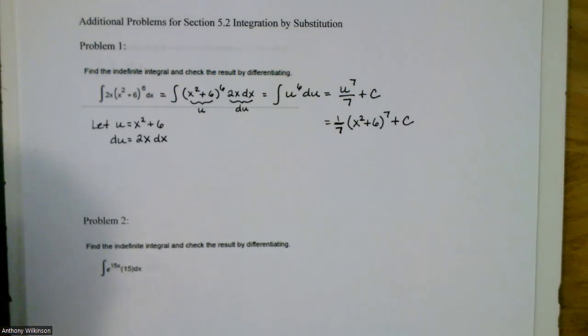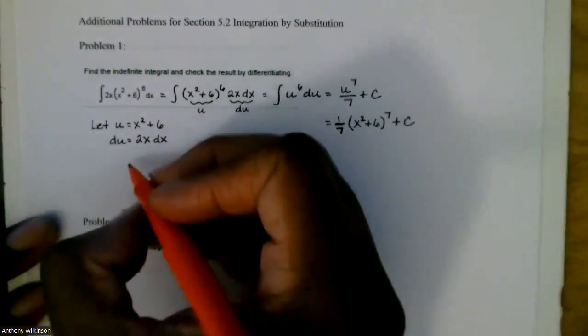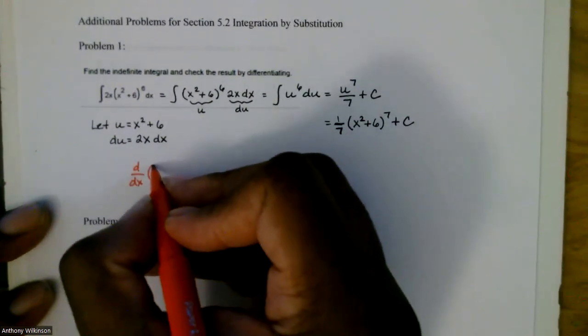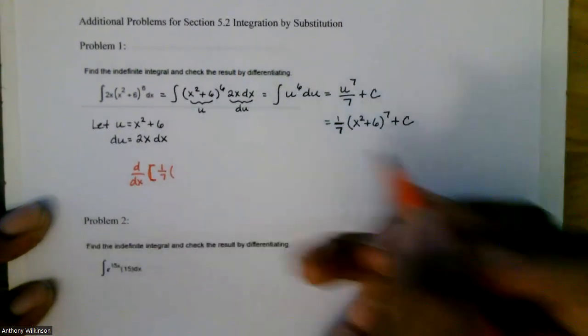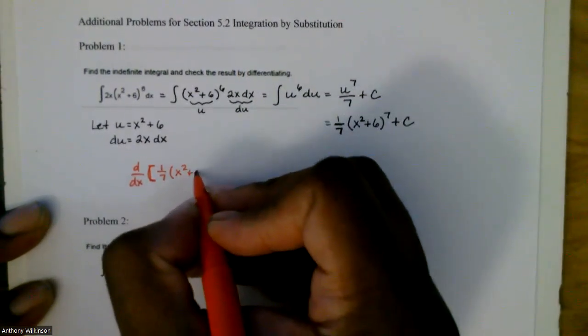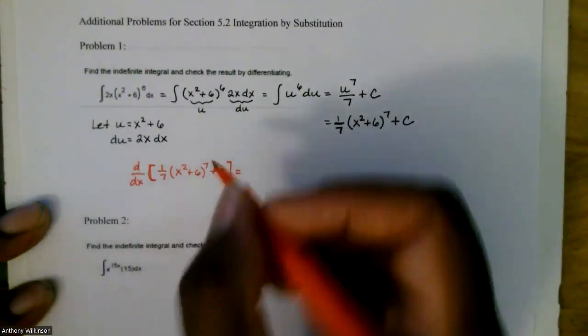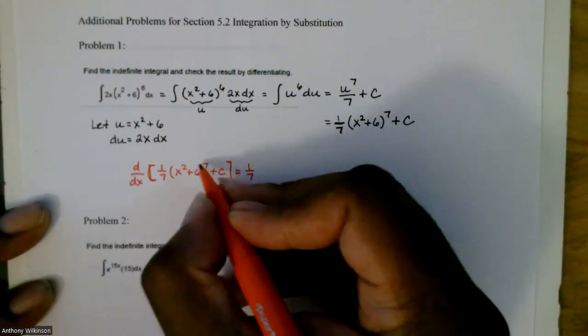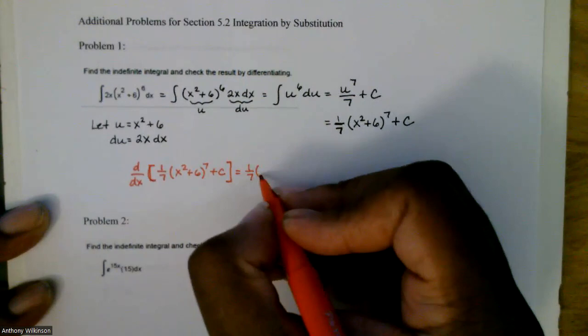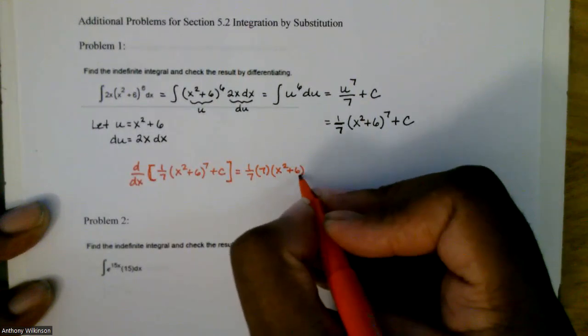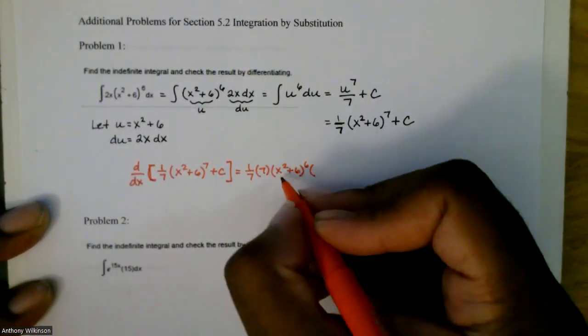Now we can check this by doing the derivative of that. If I take the derivative with respect to x of 1/7 times x squared plus 6 raised to the 7th, plus c, this is what you're going to get. I'll bring over the 1/7. For the derivative, we bring the power down, we bring down the 7, copy what's inside the parentheses to the 1 less power, times the inside derivative.